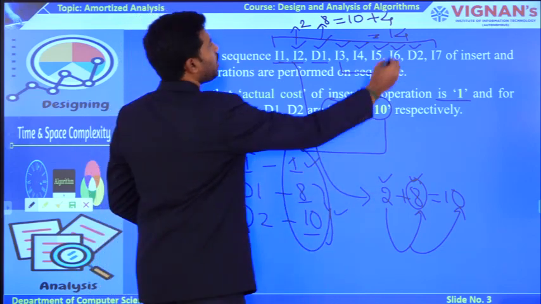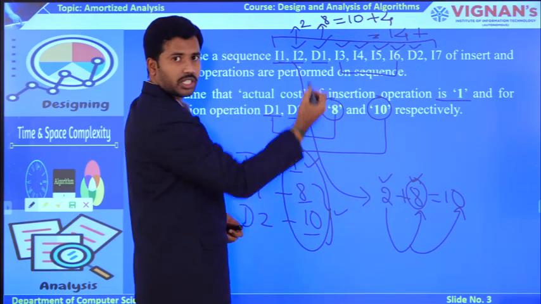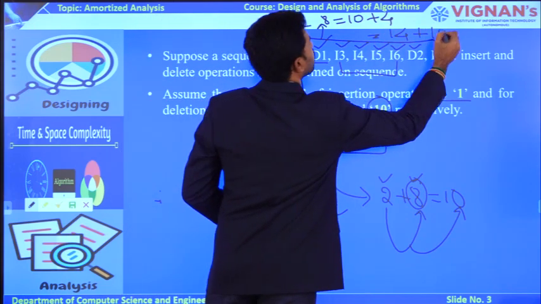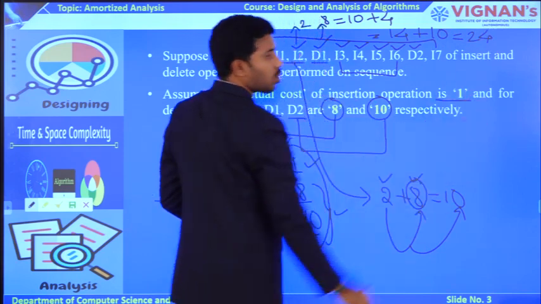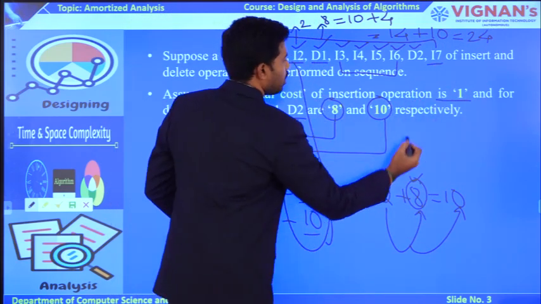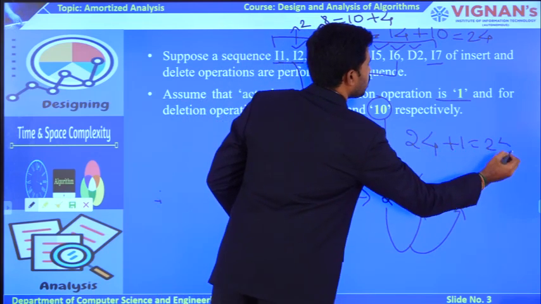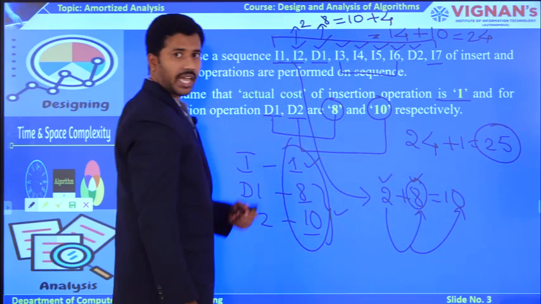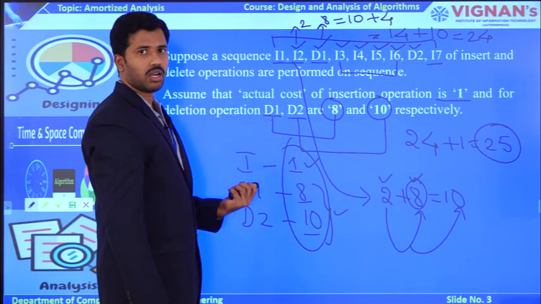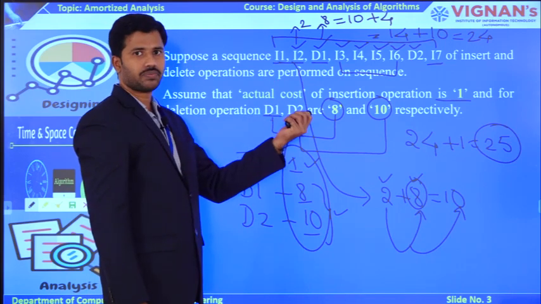So from 14, due to this D2 cost, you are moving to 24 as the total time complexity of this algorithm. And after executing I7, the total time complexity is going to be 24 plus 1, which is 25.